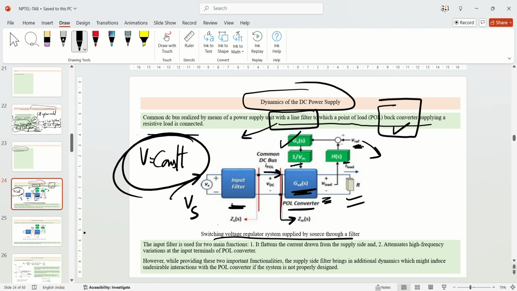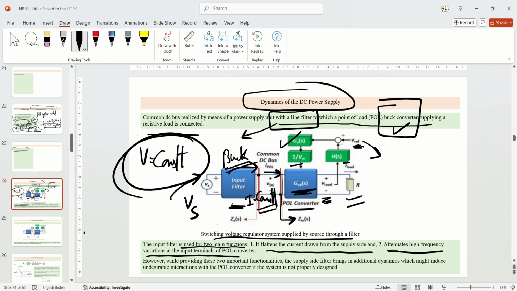Okay. So the input filter is used for two functions. One is reflecting the current drawn from the supply; if you are using the buck converter in between, the current can be made constant. So that is one of the benefits of using the buck converter after the line filter, the POL. The second is attenuating the high frequency variation at the input.